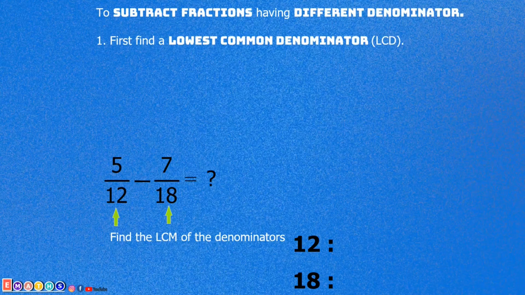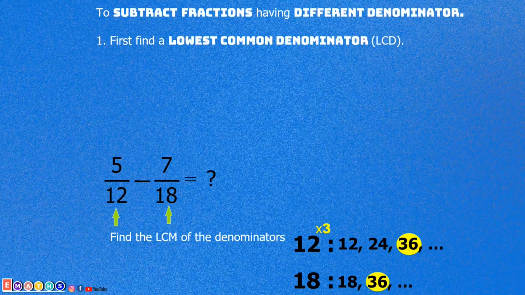We proceed by multiplying each denominator first by 1, then by 2, and so on until we find a common number. Here we found our common number to be 36. For our first fraction, we multiply the denominator by 3, and for the second fraction, we multiply the denominator by 2.